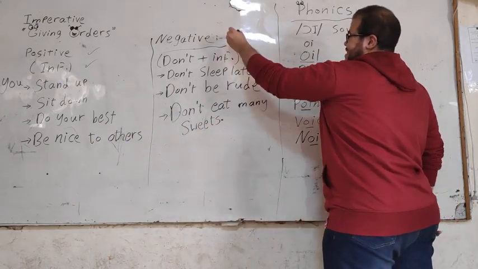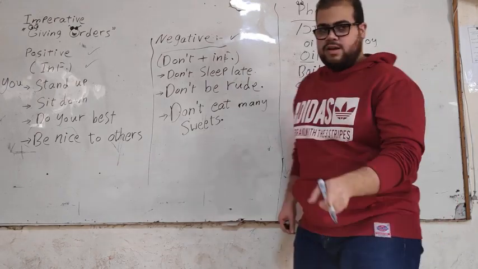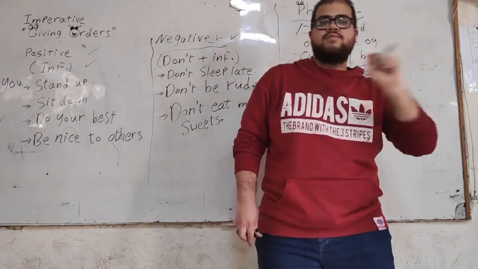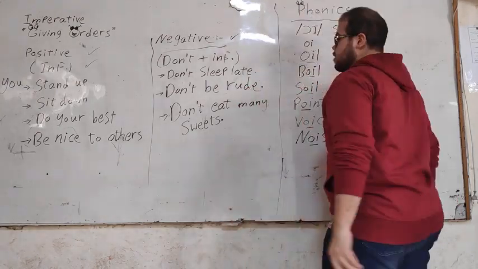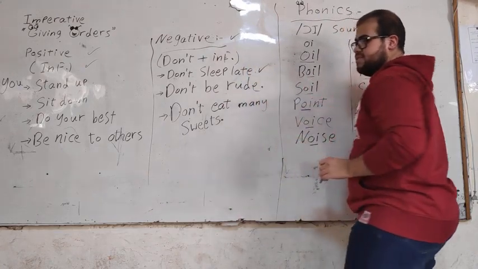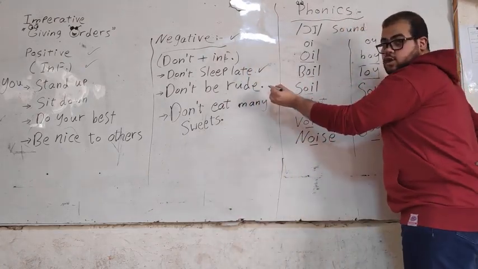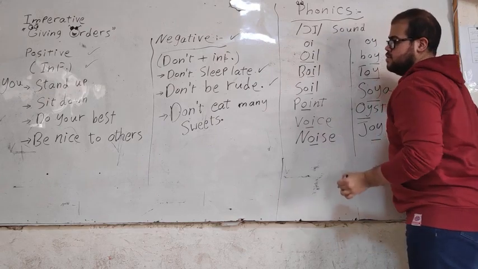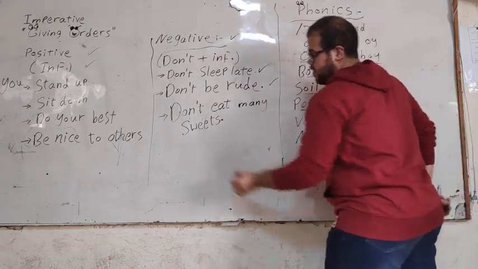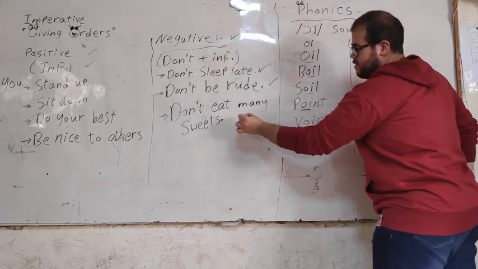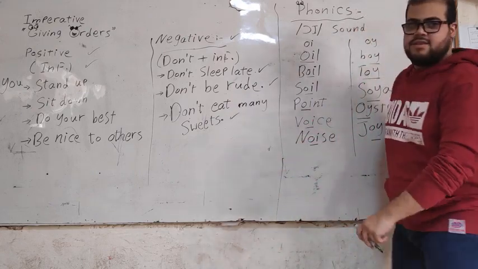The next one is negative, to tell someone not to do something. Like for example, don't sleep late. Or don't be rude. Don't be rude is the opposite of being nice. Or don't eat many sweets.